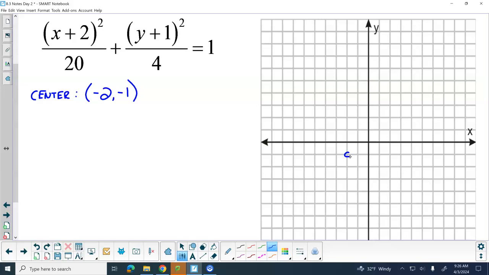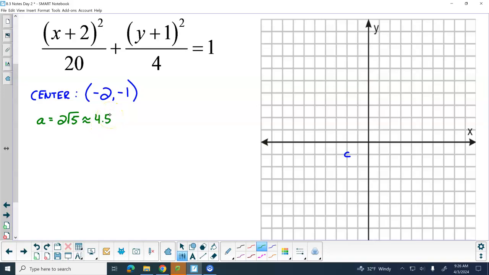A value: 2 square roots of 5, because it's the square root of 20, which simplifies to 2 square roots of 5. That is approximately 4.5-ish, 4.4, somewhere in that range.